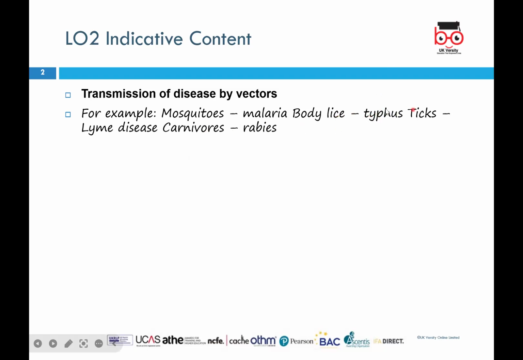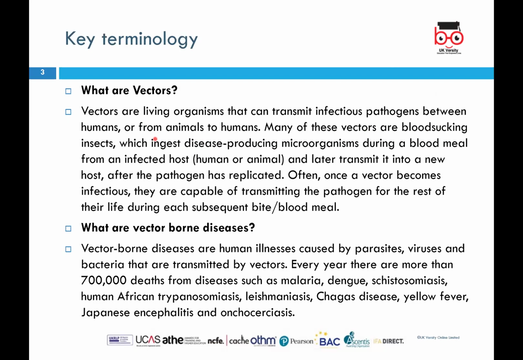Ticks are the vectors that cause Lyme disease. Carnivores are obviously dogs that carry rabies, or other carnivores such as foxes. So, what are vectors? They're living organisms. We've talked a bit about them before. They can transmit infectious pathogens between human beings, or from animals to humans.